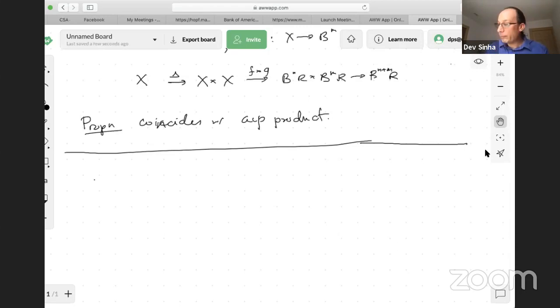And the proposition is that the homology of these forms, and you would want at least some kind of field coefficients. So if you want, you can think of this as a ring and this is some field, but this is what's called a Hopf ring.